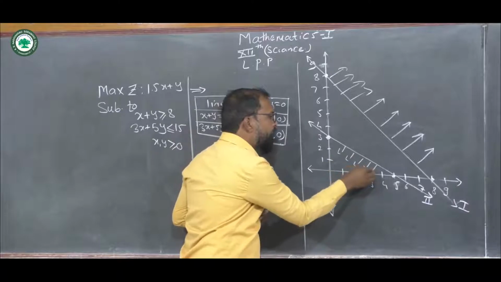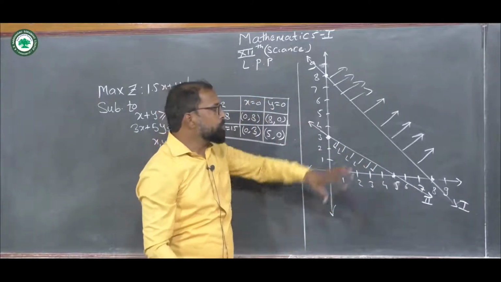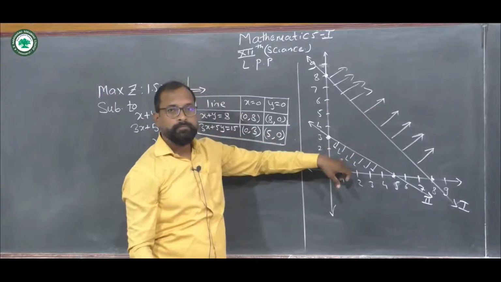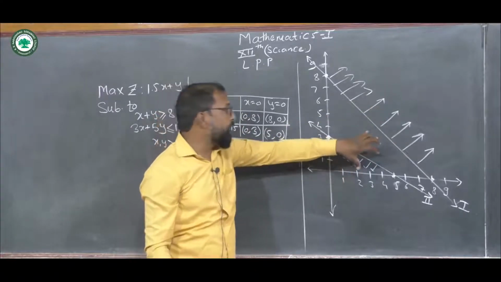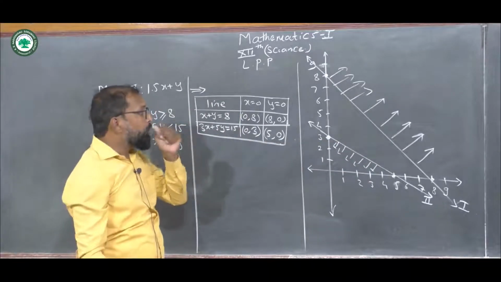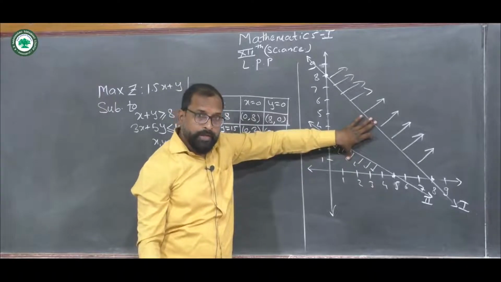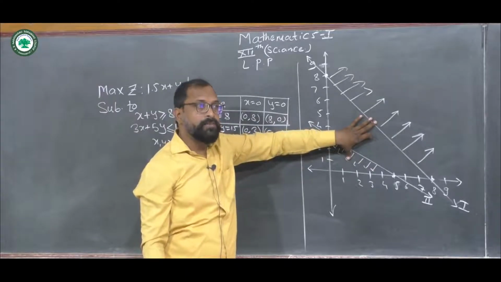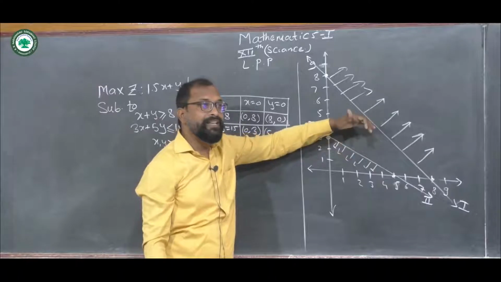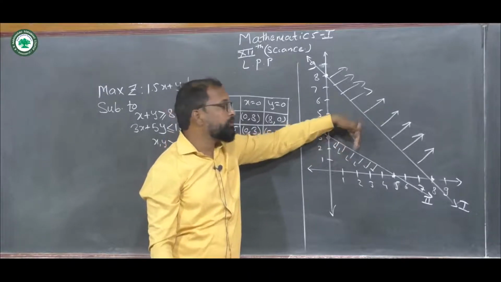Now from this graph, we can observe that there is no common region which satisfies both the constraints. That is, in this problem we cannot find the feasible region. Feasible region means a region which satisfies all the given constraints, or you can say all the given conditions.